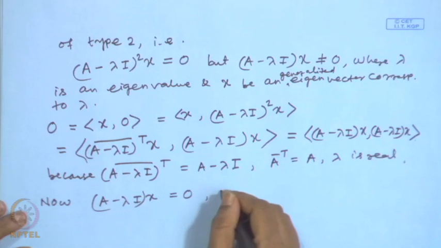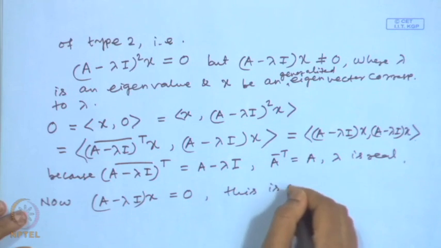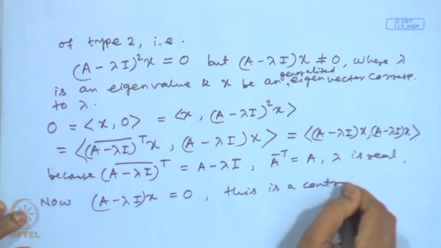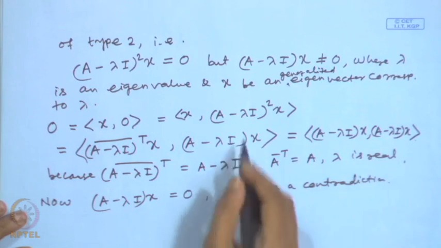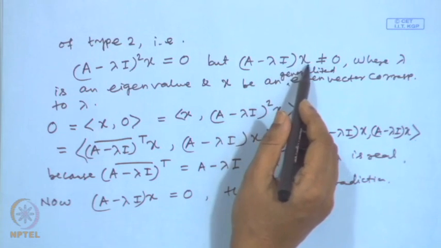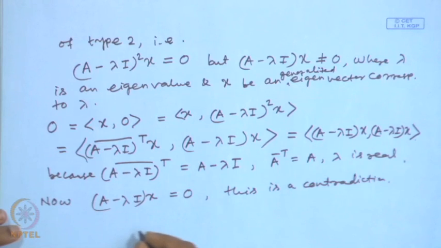So, this is a contradiction, because our assumption was that (A minus lambda I) x is not equal to 0. So, this shows that A cannot have any generalized eigenvector of type 2 or more.